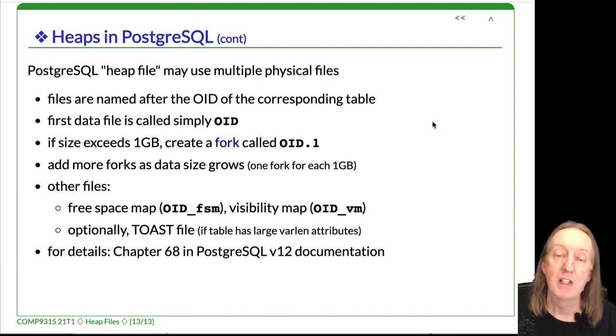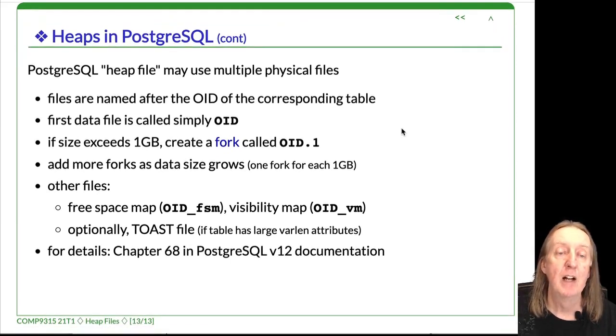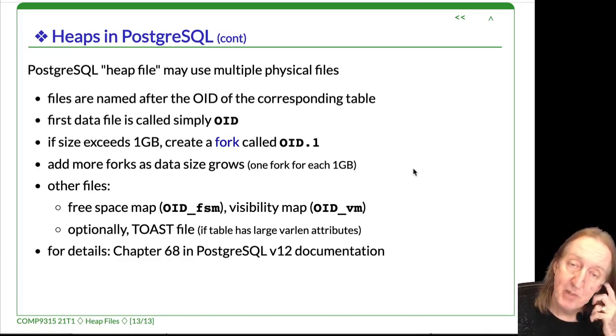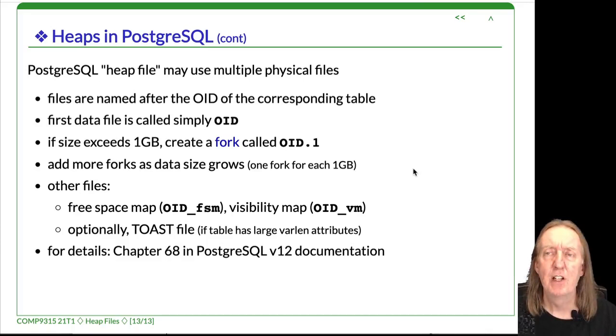If we get 2 gigabytes or 3 gigabytes, we get more forks. Also, Postgres heap files often have associated files like the free space map and a visibility map, and maybe a toast file. You can find all the details of how Postgres structures its heap files in chapter 68. So that's it for the simplest possible file structure, heap file.